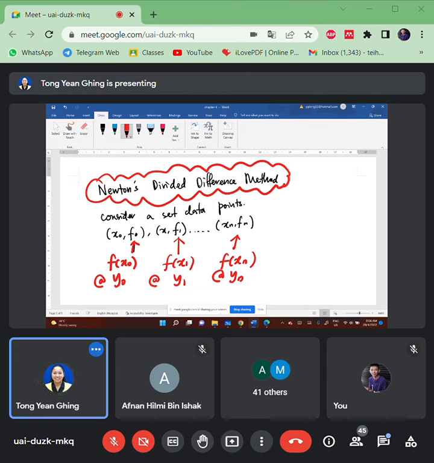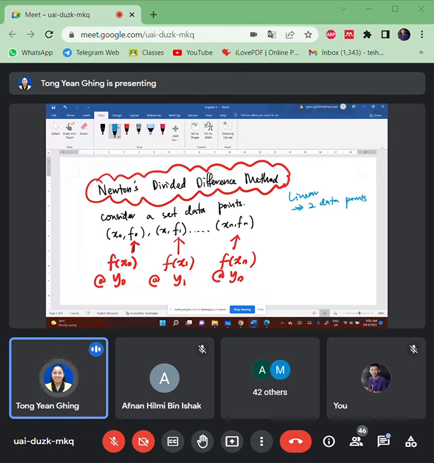That means we can find the missing data point through a polynomial of some order. It can be linear, which means we have two data points.